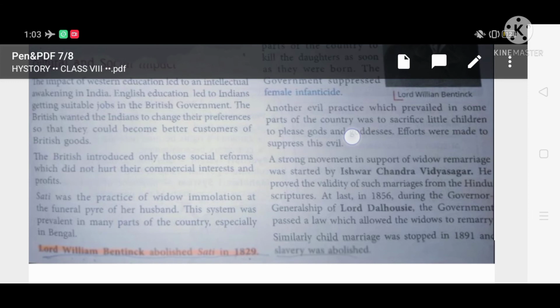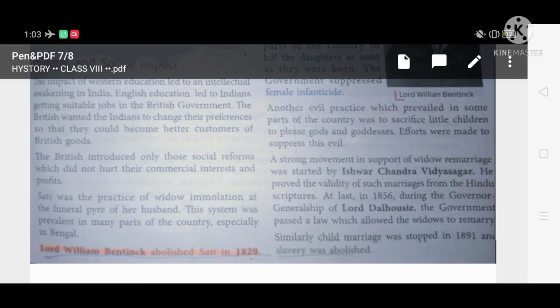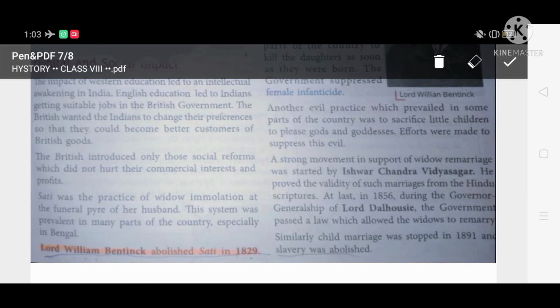The British introduced only those social reforms which did not hurt their commercial interests or profits. So the British also introduced some social reforms, and those reforms benefited the British, and they introduced them in such a way that there was no harm to commercial interest or profit.